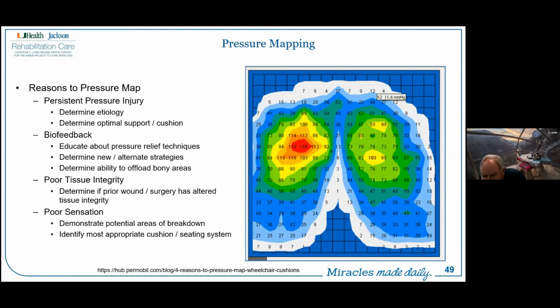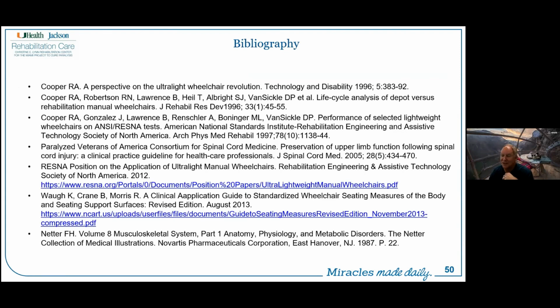Maybe they need to lean forward longer. Maybe they need to do lateral bending to a greater extent. And it tells us if they're able to do sufficient pressure relief, for example, with depression pressure relief. Ultimately, this is going to help our folks recognize when they're at risk, and so we're going to train them on that.